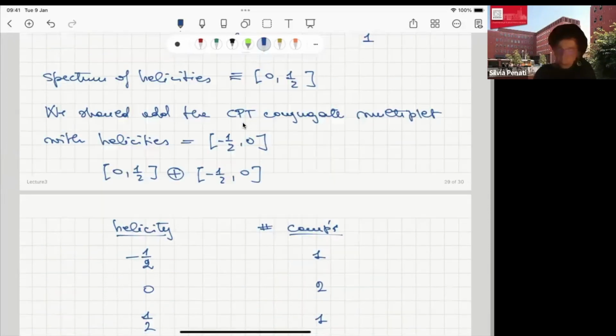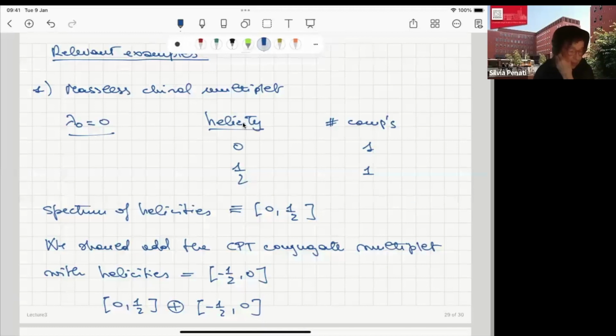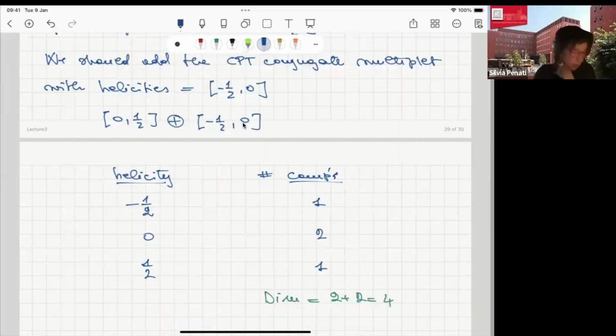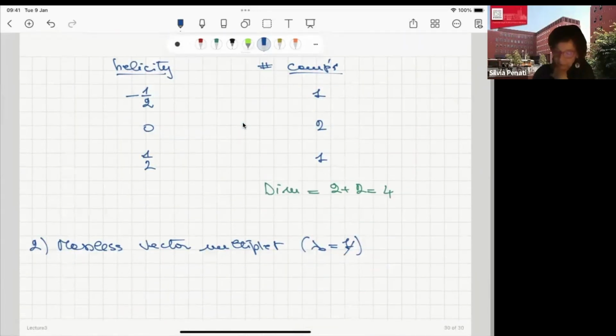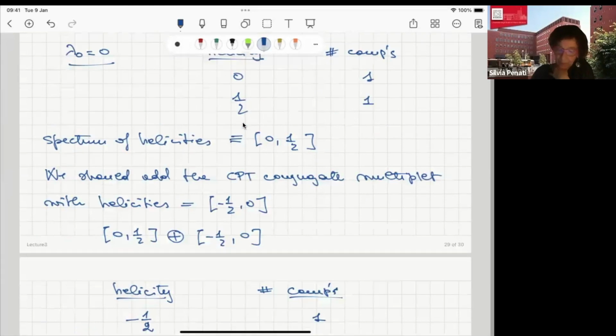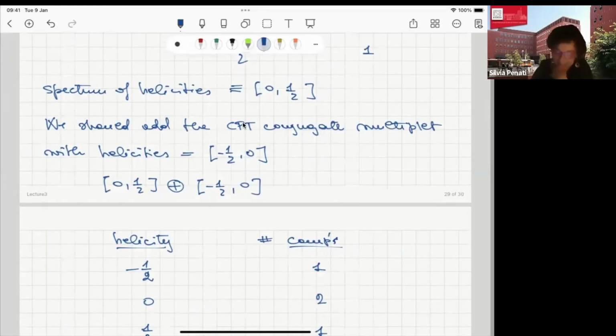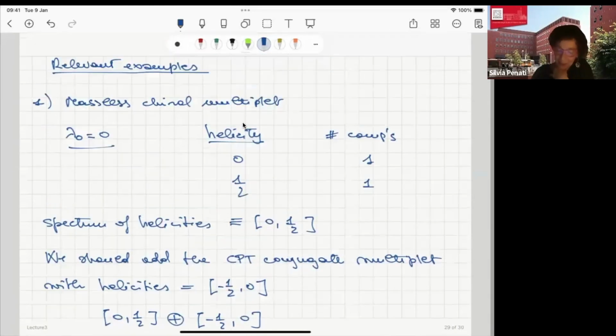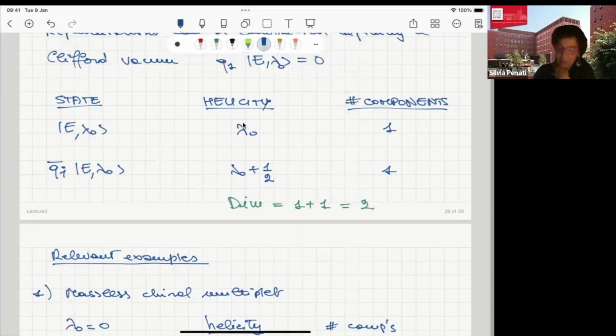And of course, if you look at the construction, the helicity in this case will be 1/2 from here and 1 from here.